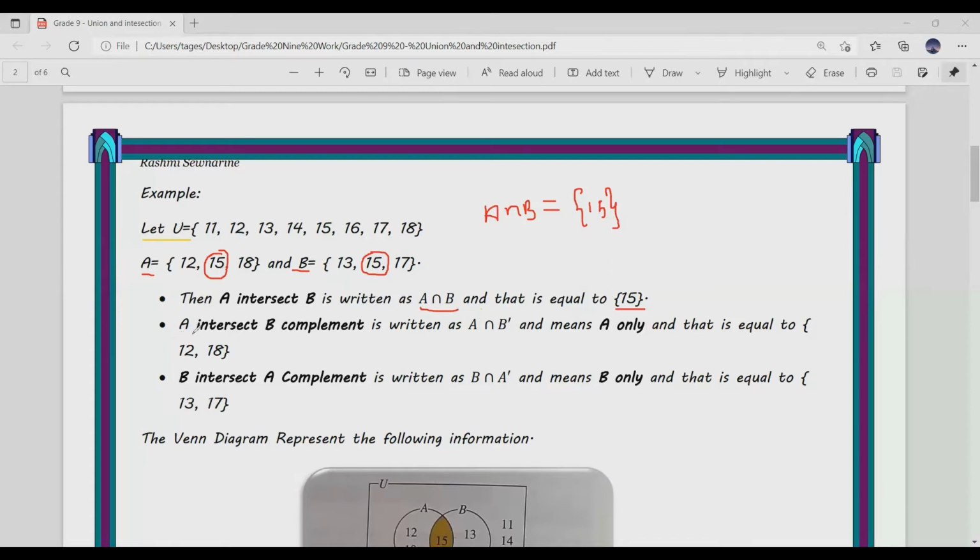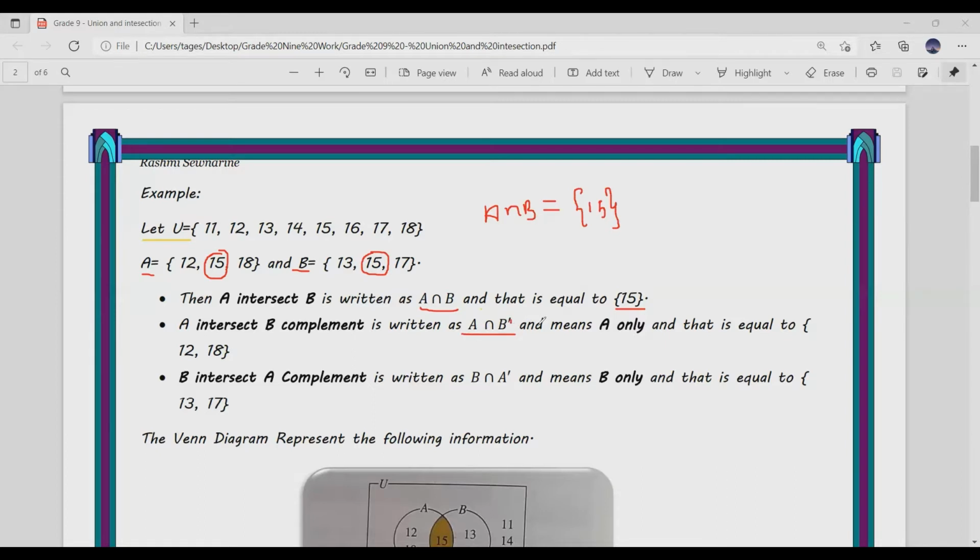Now, A intersect B complement is written as this here. This little symbol here represents complement.